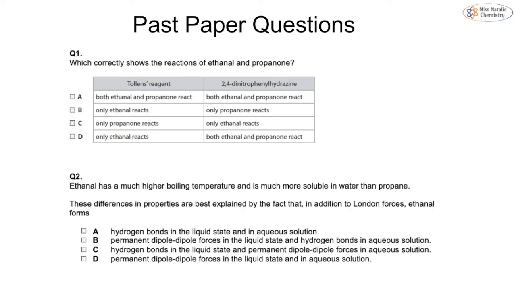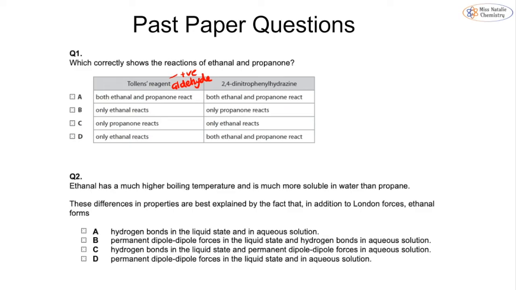Now let's finish off by looking at some past paper questions, as we do with each video, and we're going to be looking at some multiple choice as well as some written questions. So first of all, we want to be looking at the reactions for ethanal and propanone and looking at Tollens and the 2,4-DNPH. So we know that Tollens reagent is a positive test for an aldehyde, and it is only for an aldehyde.